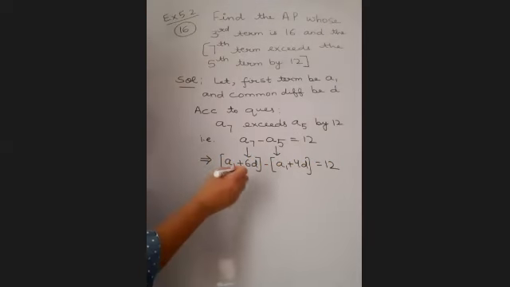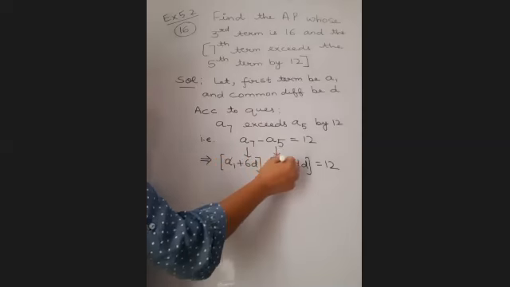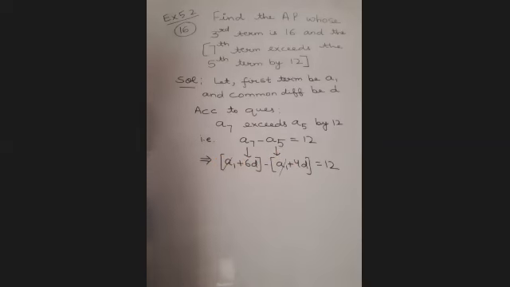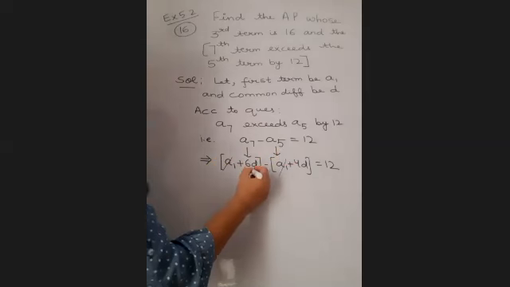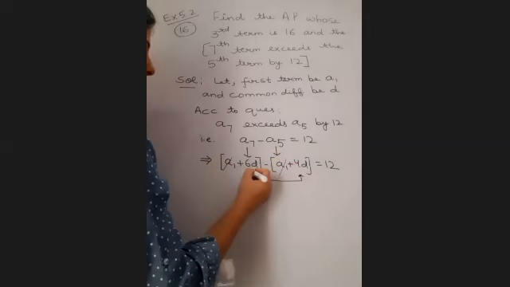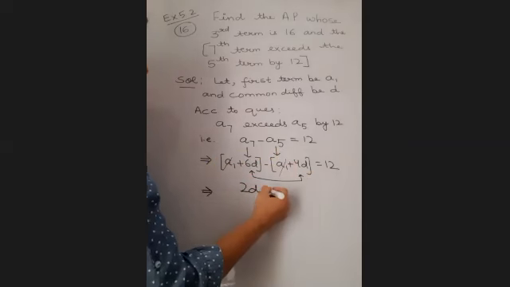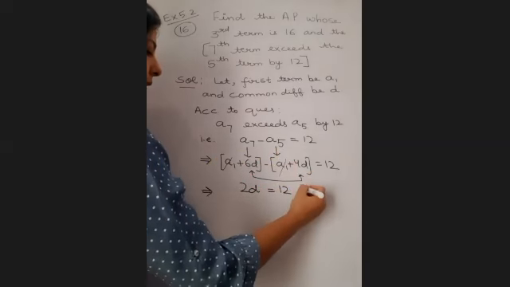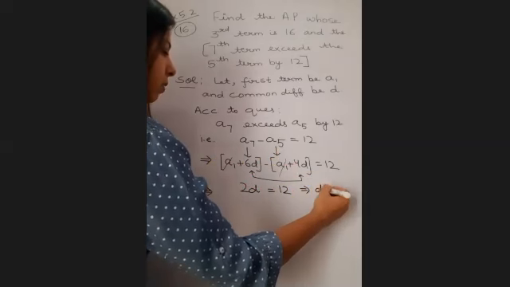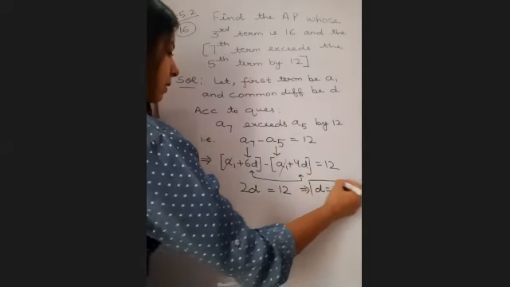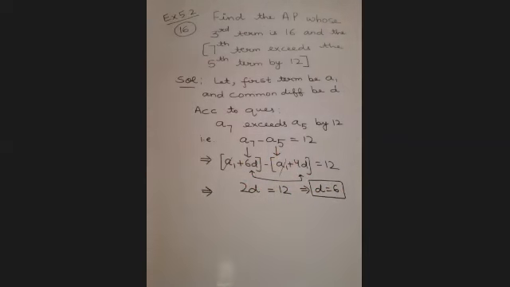Now when you open the bracket, A1 and A1 will cancel, and 6D minus 4D gives you 2D. 2D is equal to 12. And this gives us D is equal to 6. So we have got the first thing, that is the common difference.